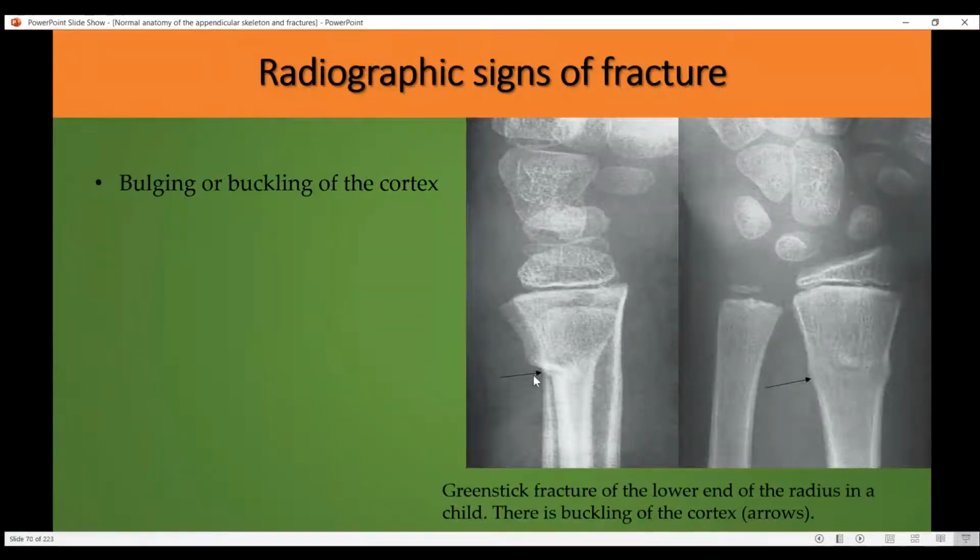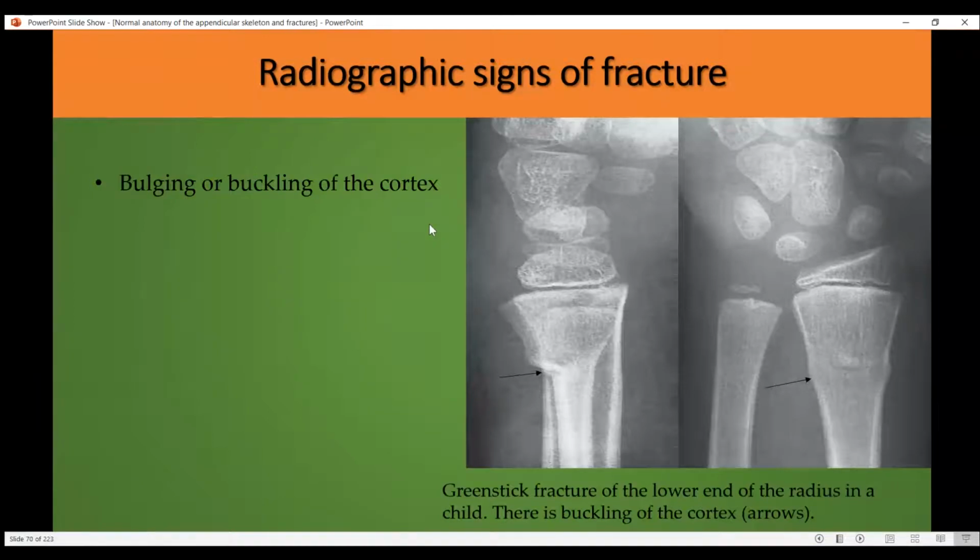Bulging of the cortex happens in case of a greenstick fracture, which can be defined as the discontinuation of the cortex of the bone only on a single edge. Only one side of the cortex will be disrupted, and that is called a greenstick fracture, which has a bulging or buckling of the cortex, which is quite common in greenstick fractures.